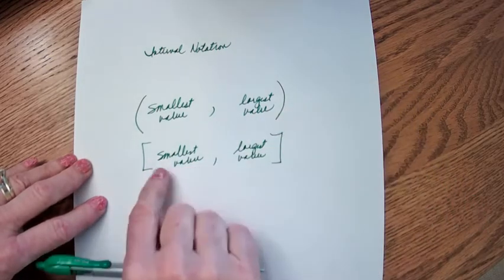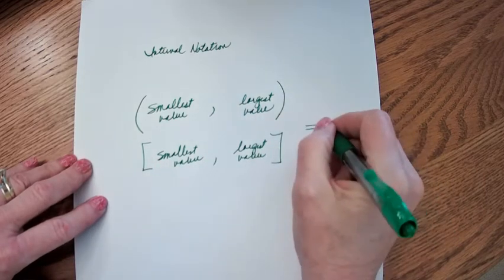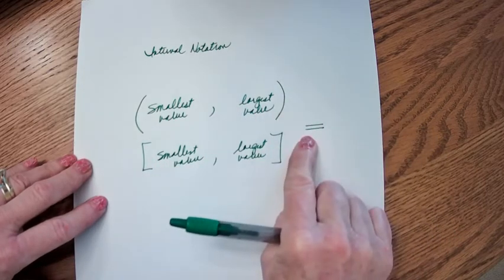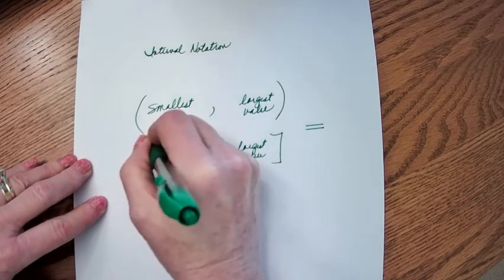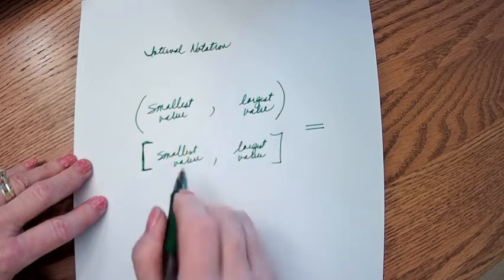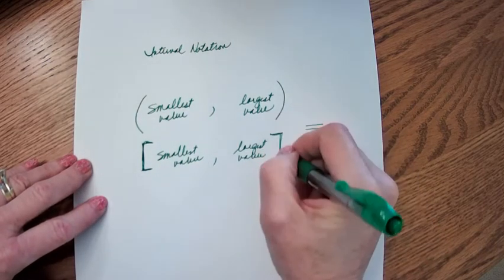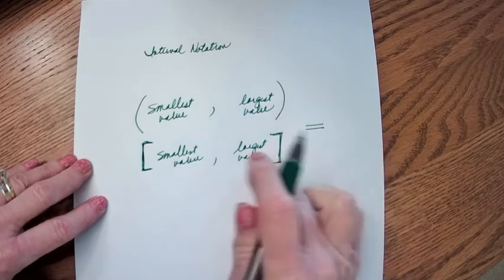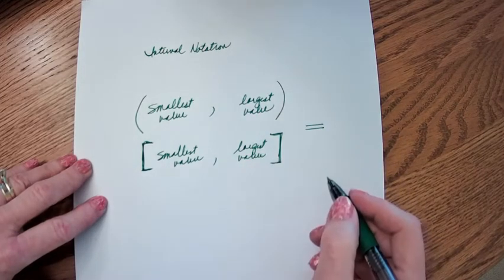Now, if x can equal the value, you see how the equal sign is made of two straight bars? Think of this as, okay, and it can also equal. X can be greater than or equal to the smallest value. X can be less than or equal to the biggest value.